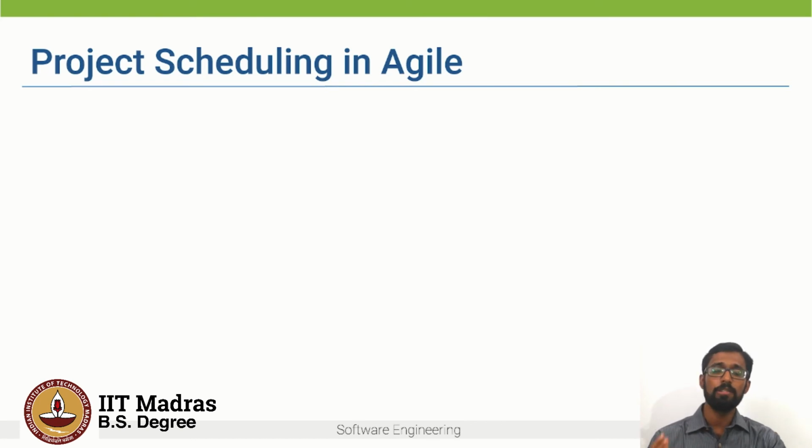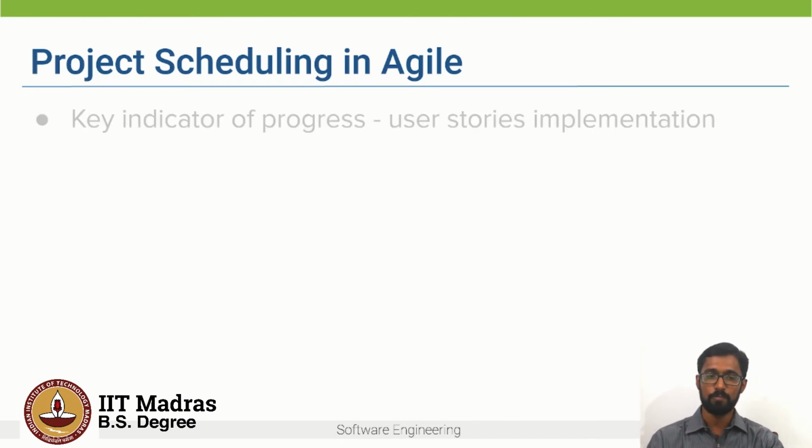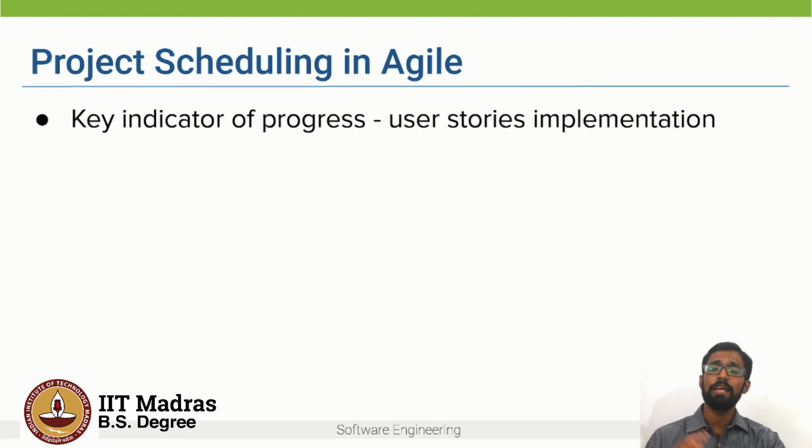As we saw in this video, work is done in sprints or iterations of typically 1 to 2 weeks, and in each iteration, certain user stories are implemented. The key indicator of progress is how many user stories have been delivered to the client in each iteration.